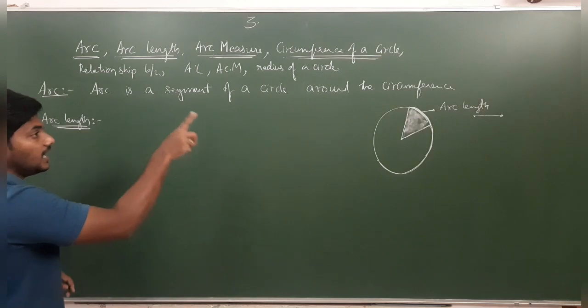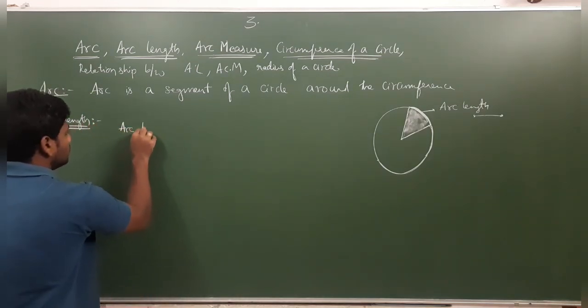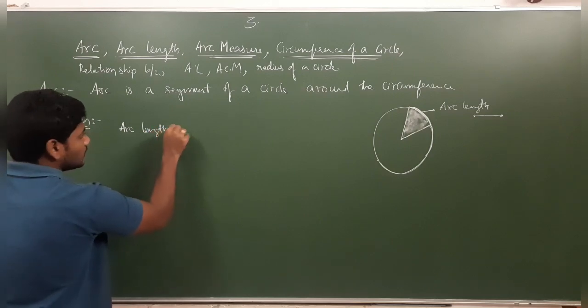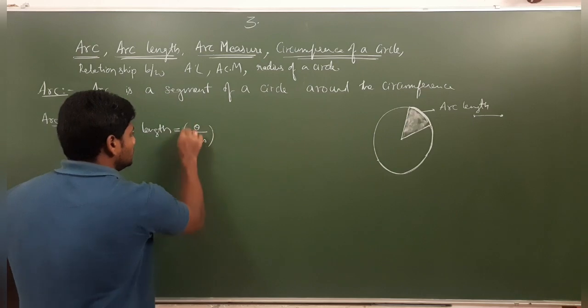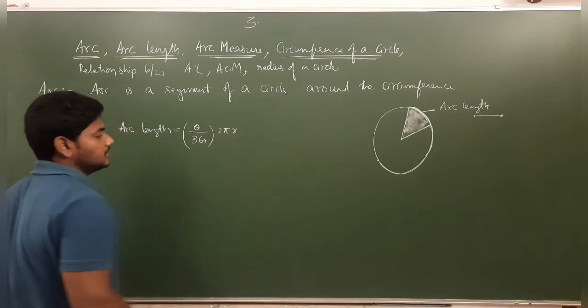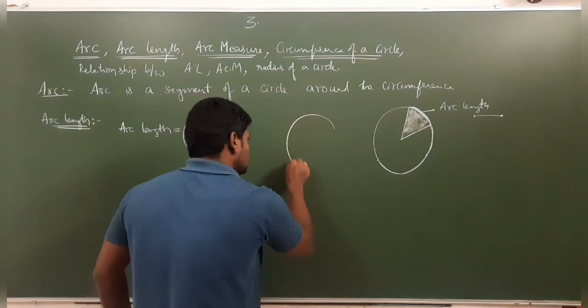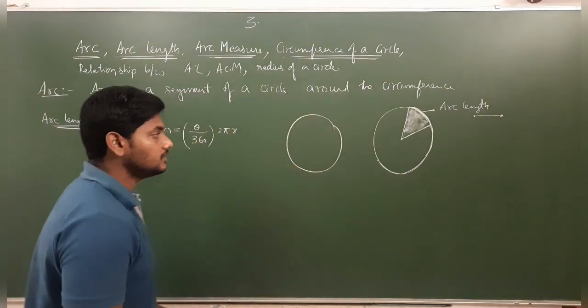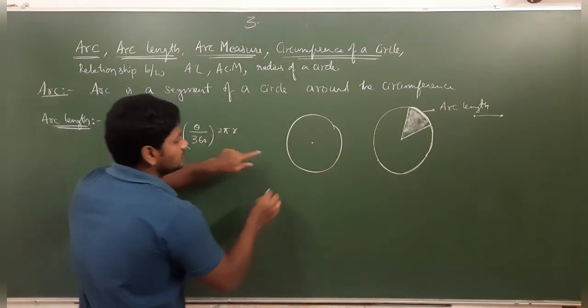Now how to find arc length? For that we have a formula. Arc length is equal to theta by 360 into 2 pi r. For example, if that arc is the total circle, then starting from the center, what is theta?